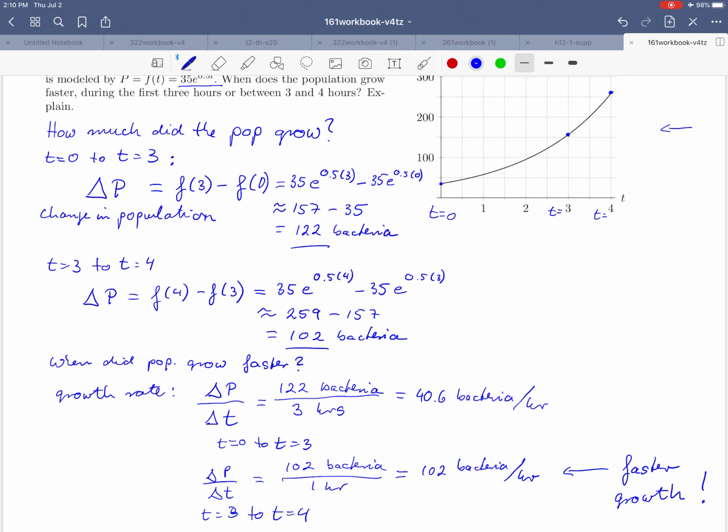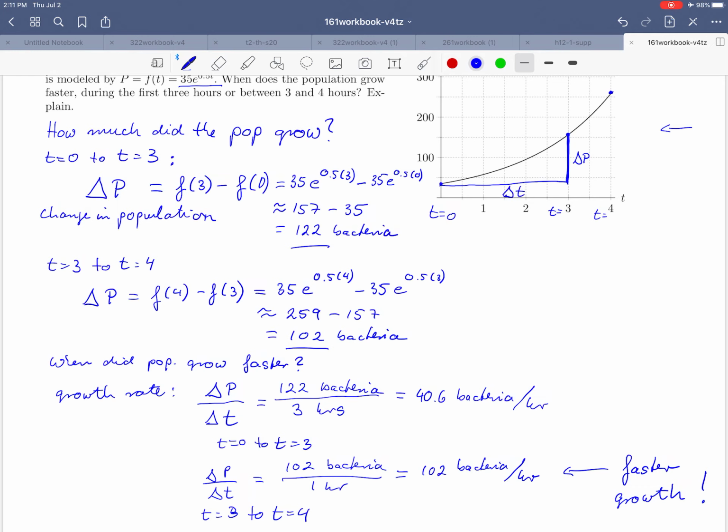Graphically, we can also see that by drawing in lines whose slopes represent these growth rates. When we're looking at those two growth rates, for the first 3 hours, we had a change in population that is denoted by this right here. This is our change in population, and then here we have our change in time.